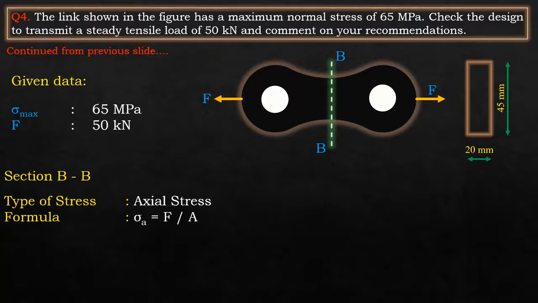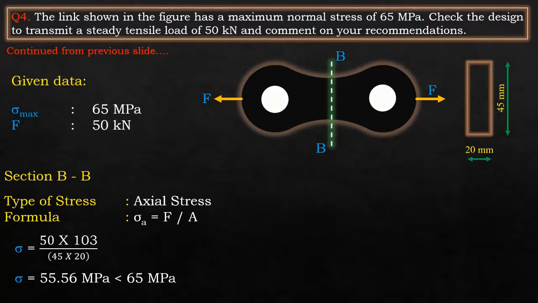So by substituting the formula, sigma A equal to F by A, where F is equal to 50 into 10 power of 3 newtons, and the area is the area of the rectangular cross section, giving us 20 into 45 mm, we'll be getting the value of stress as 55.56 megapascals, which is very much less compared to the given data. Since the stress is very less, this link will be safe at section BB.